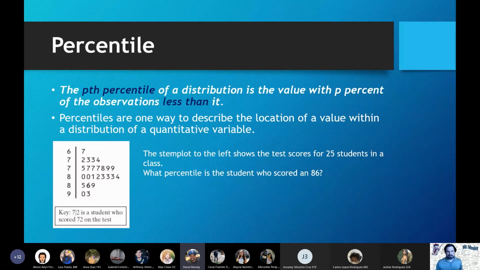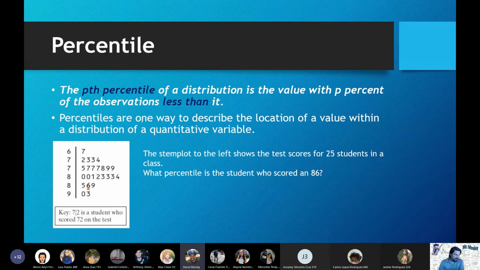Now that you can see my screen, it's going to work much better. The 86 goes along with this right here: we have 8 and 6, so this is the 86 score. To find the percentile, I need to find out how many scores are less than 86.